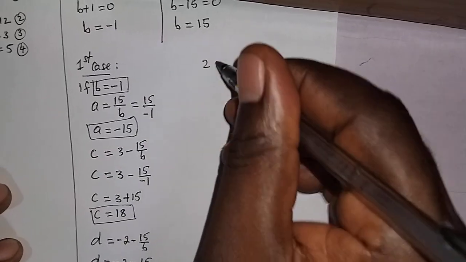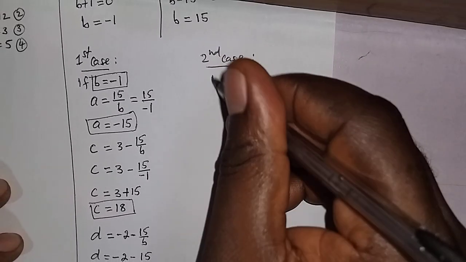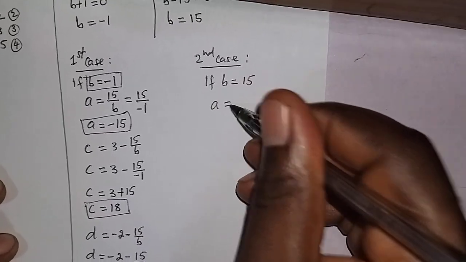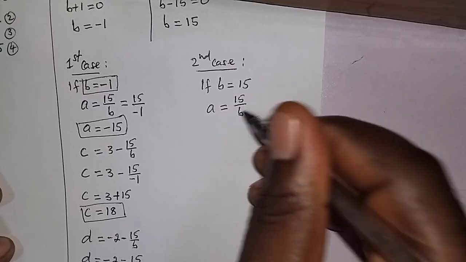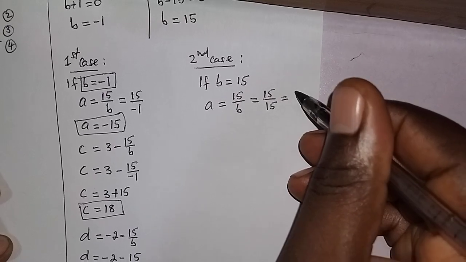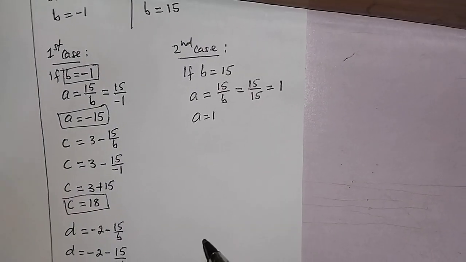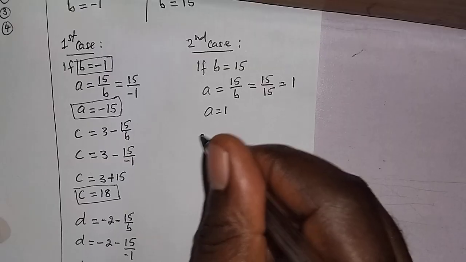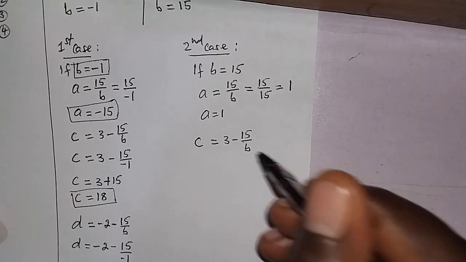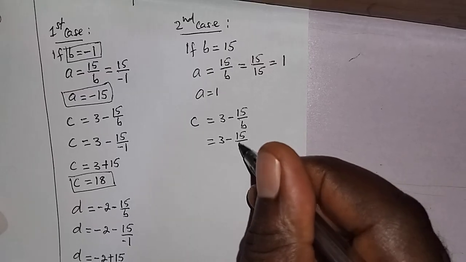So the second case, if B is equal to 15, A is equal to 15 over B, which is equal to 15 over 15, which is equal to 1. Here A is equal to 1. And C is equal to 3 minus 15 over B, it is 3 minus 15 over 15.